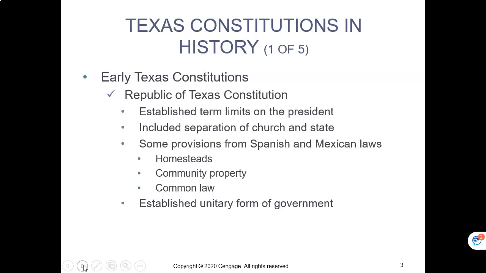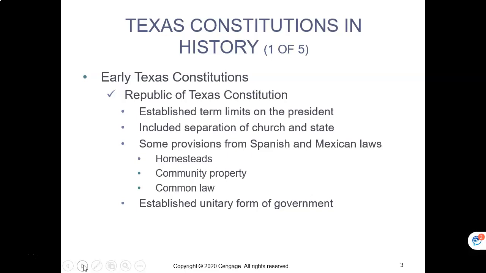So that was really the first constitution of the state of Texas. I know one governor's name. His name was Felix Tres Palacios. I can't remember his middle name.